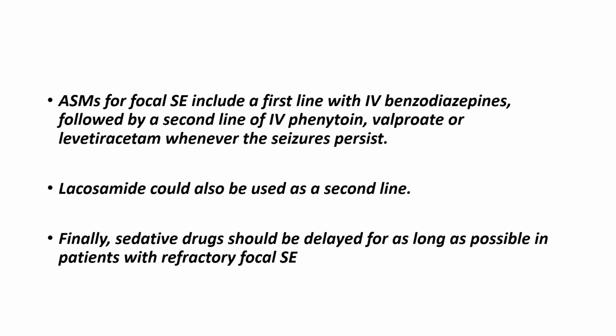How to treat focal status epilepticus? The first line agent is IV benzodiazepine, followed by second line phenytoin, valproate, and levetiracetam, which is the same as status epilepticus, but lacosamide can also be used as second line. Finally, sedative drugs should be delayed as long as possible in patients with refractory focal status epilepticus.